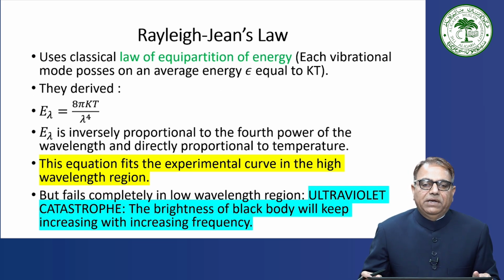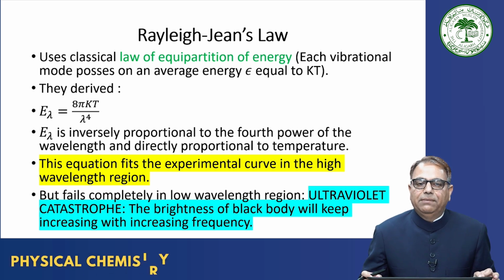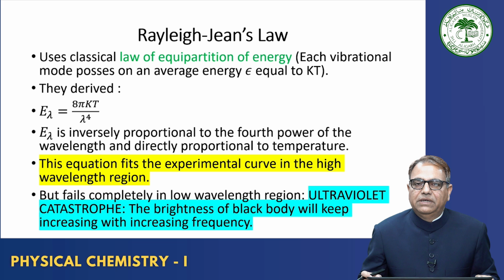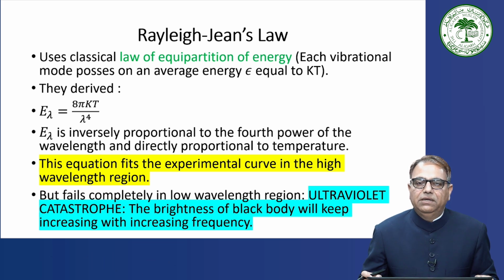The next attempt was made by the Rayleigh-Jeans law, and he used the law of equipartition of energy, where we say that each vibrational mode possesses an average energy equal to kT, where T is the temperature and k is the Boltzmann constant. Based on this, Rayleigh-Jeans derived an equation for the energy of the radiation emitted from the black body, and it was 8 pi kT divided by lambda raised to the power 4.